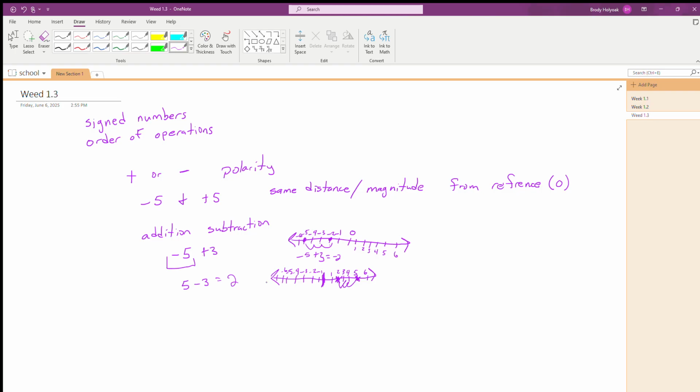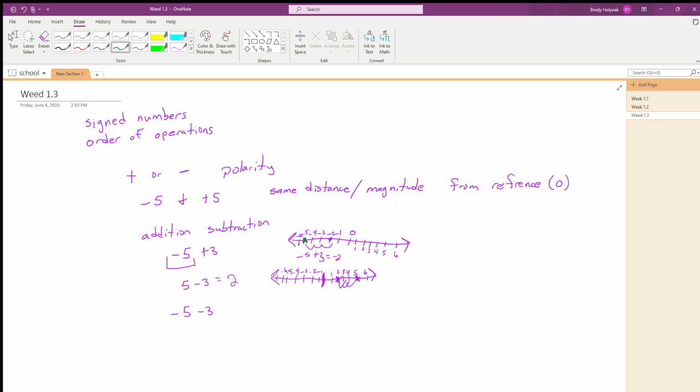The tricky thing is when we get negative numbers and we start taking away from those. If I have a negative 5 minus 3, again, I'm going to look at my number line, the one I've already written up here. I'm going to start at my negative 5 right here. Then a minus 3 means I'm making this number smaller.